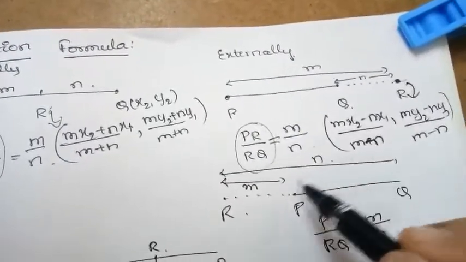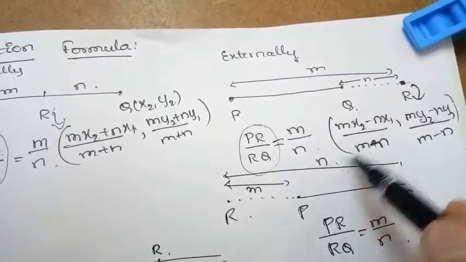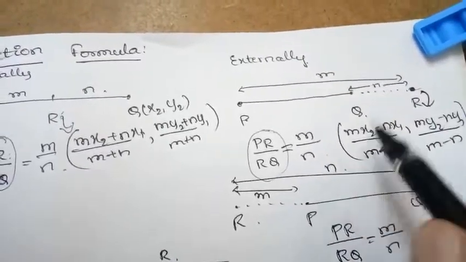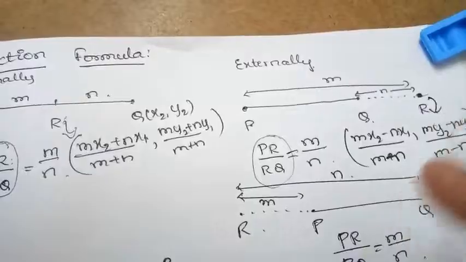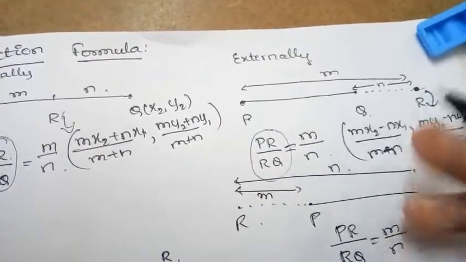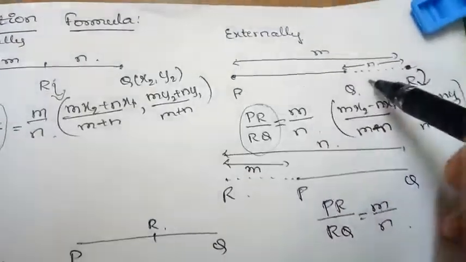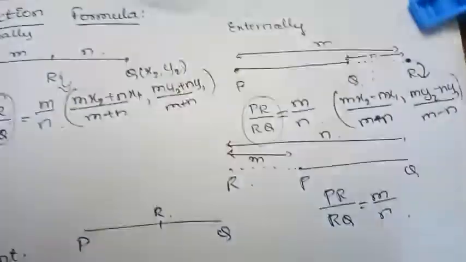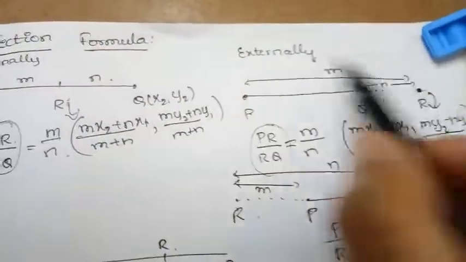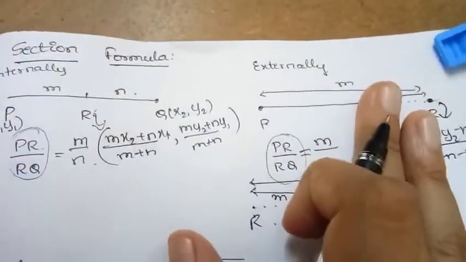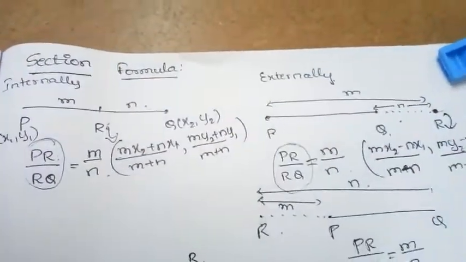At that time, if you get a negative in the denominator by making m minus n, in the numerator also we are going to get a negative, where minus minus cancels and we get the same value. So no need to worry whether it is in this way or this way, the value will be the same. So this is about the internal and external forms of the section formula.